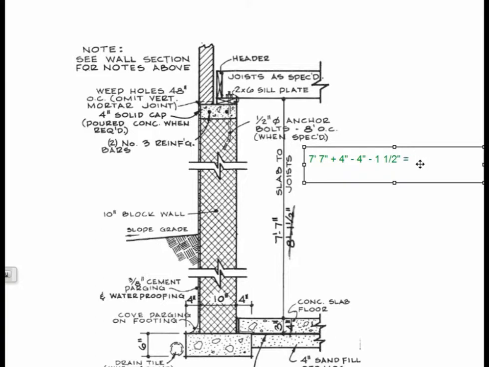This will equal 7 feet 5 1/2 inches. That is the distance from the bottom of the wall to the bottom of the 4-inch cap block.